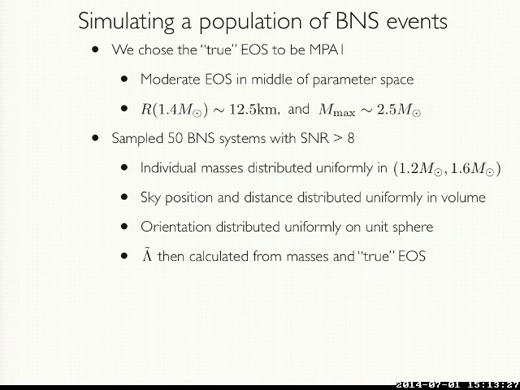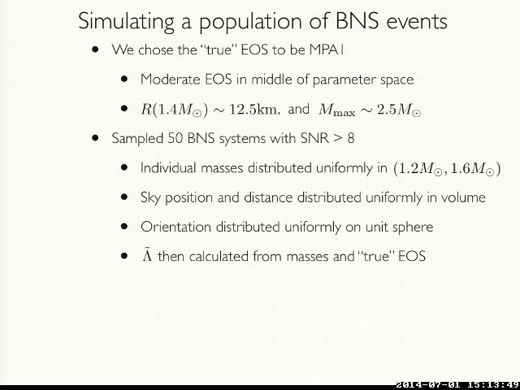This is a fairly reasonable range, and more reasonable than the work done by Del Pozo, where they chose 1.0 to 2 solar masses. That's not a particularly realistic range of masses.